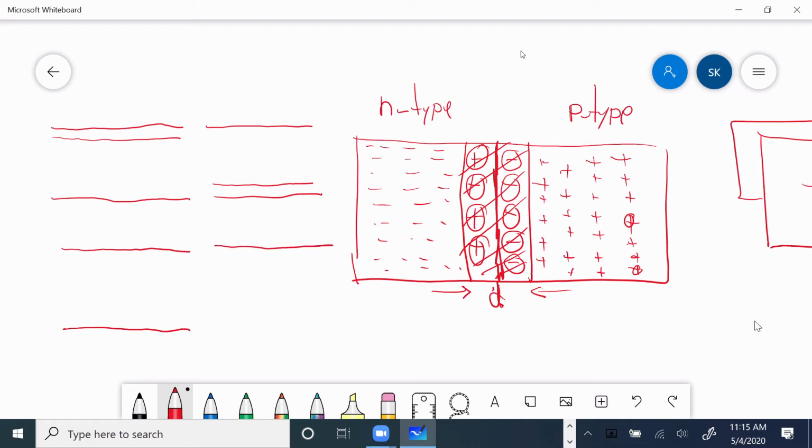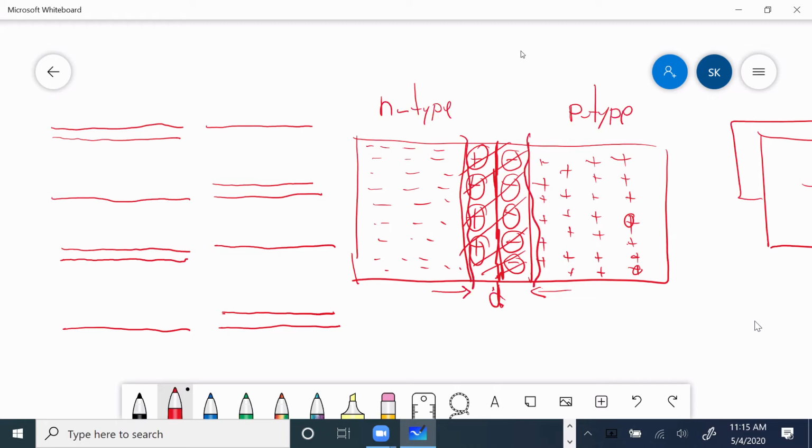This P-type remains as P-type, and that N-type remains as N-type. But then in the vicinity, in the actual junction, what happens between there?